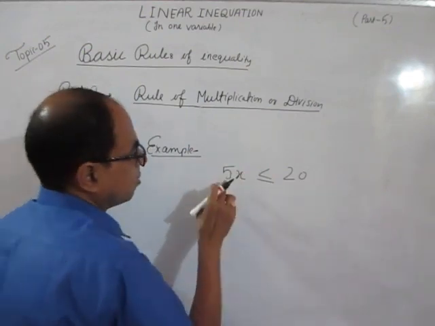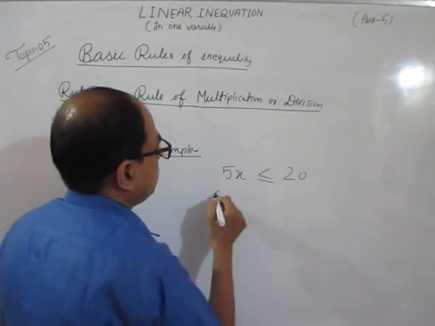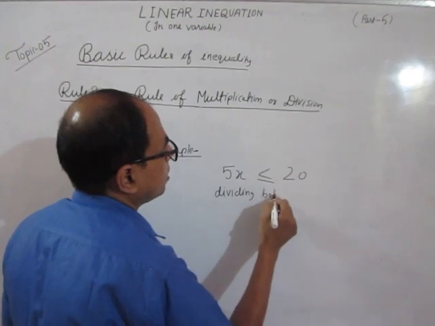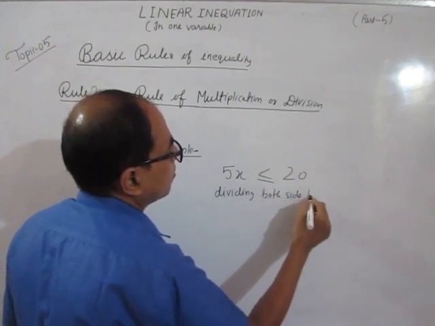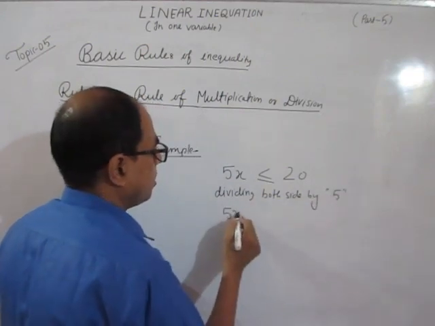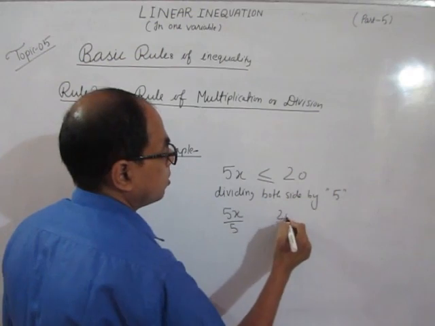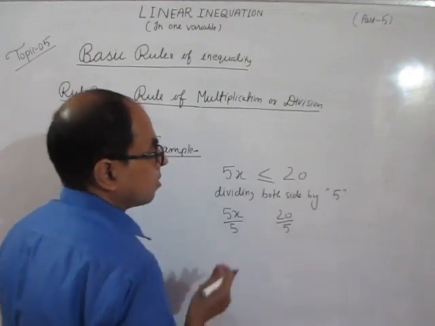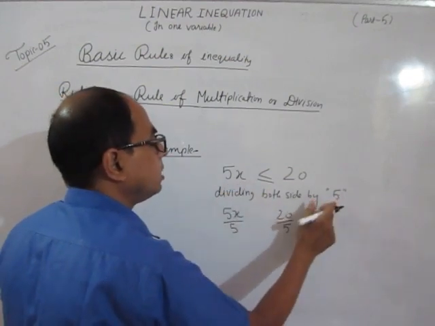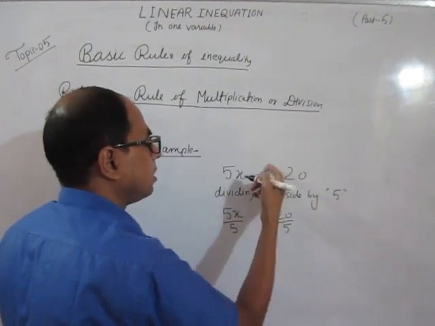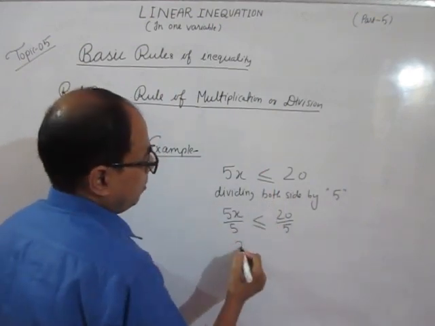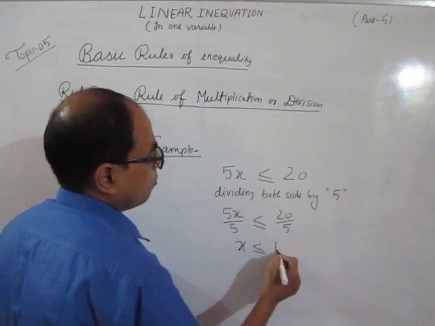So for removing this coefficient 5, divide both sides by plus 5. So it will be 5x by 5, 20 by 5, and according to the rule, if both sides are divided by the same positive number, the sign of inequality remains the same. So keep it as it is. Now it will be x less than or equal to 4.